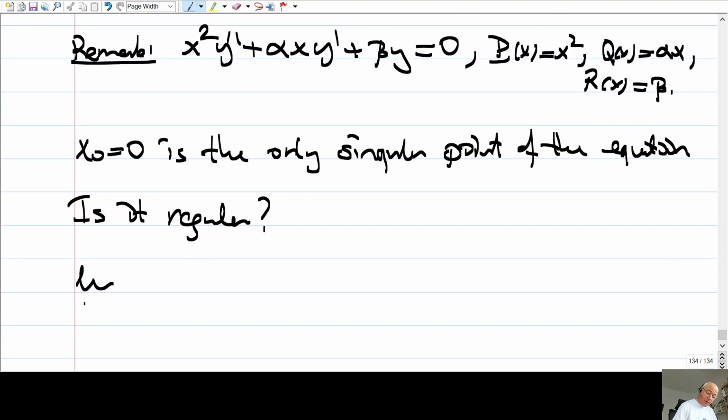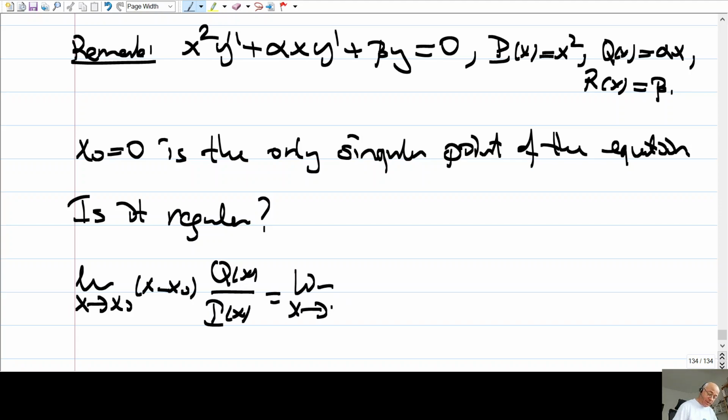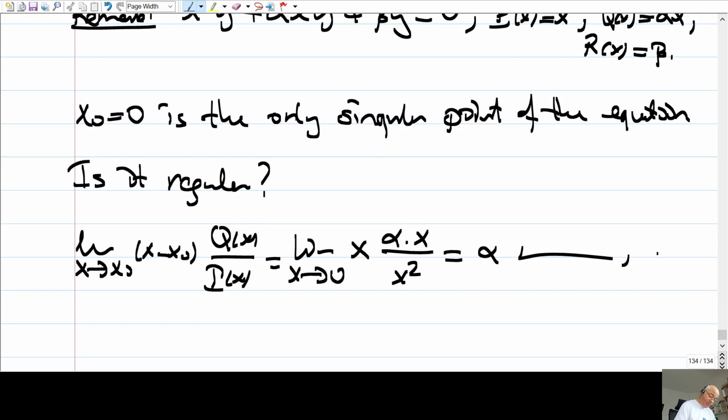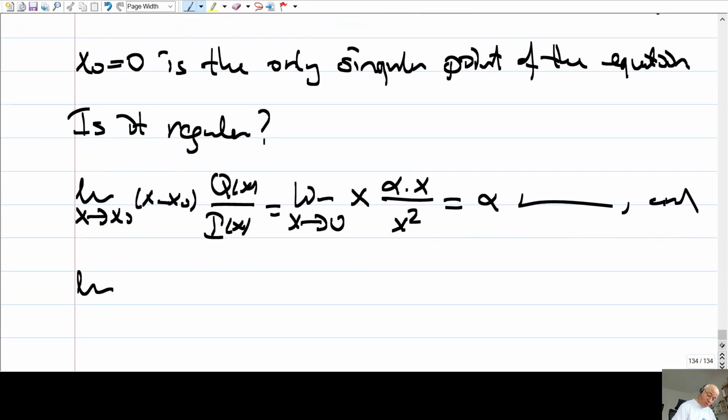So I look at the limit as x goes to x0 of (x minus x0) Q(x) over P(x). This is just the limit as x goes to 0 of x times alpha x over x squared. Well, this limit is indeed alpha. And what about the other limit? The limit as x goes to x0 of (x minus x0) squared, R(x) divided by P(x).